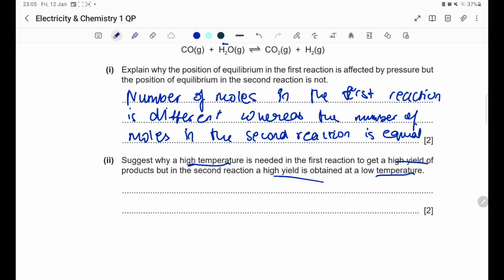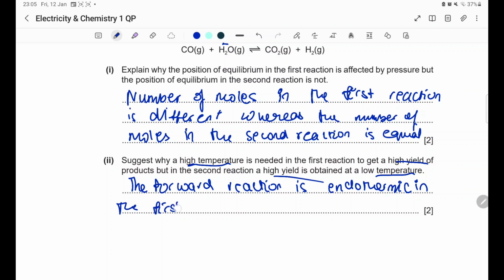They have implicitly already established the fact that the first reaction will have a high yield at high temperature. And when does that happen? When the forward reaction is endothermic. In the first reaction. Handwriting is really giving up, so. Okay.